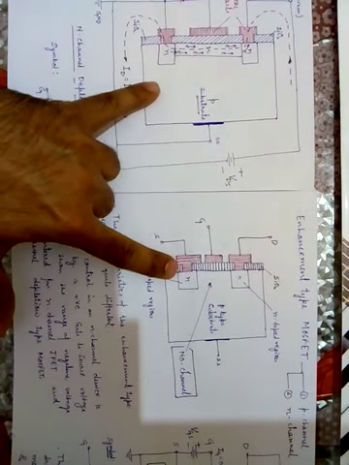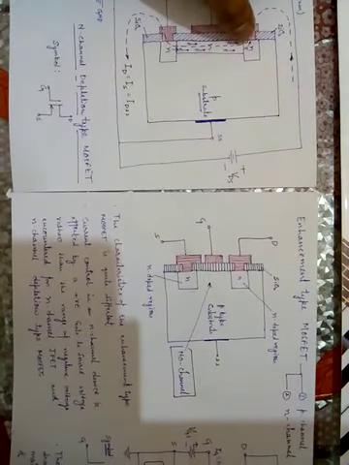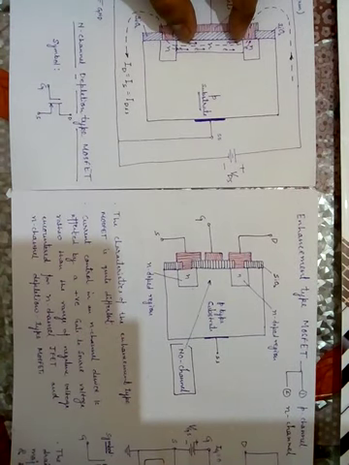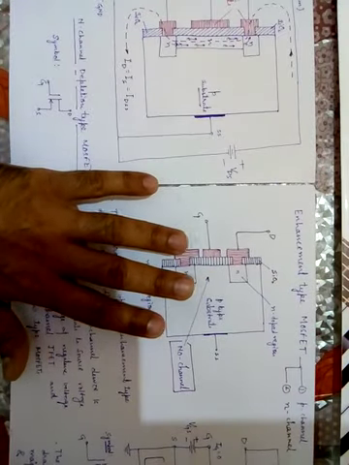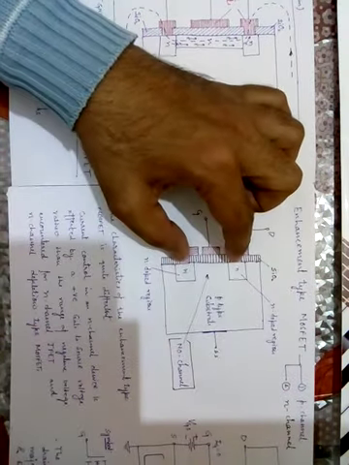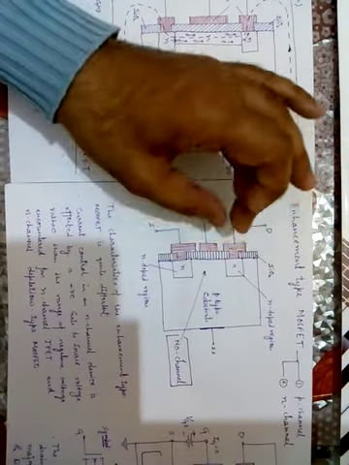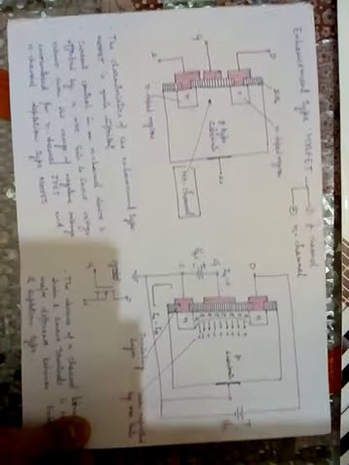What is exactly the difference? The most important difference between the enhancement and the depletion type is that here, see this, this is drain and source. There is already a channel here, that is N type, and here also I have taken the N channel type. But here, at the time of construction, no channel exists between drain and source. That is the most important point. You have to remember it.